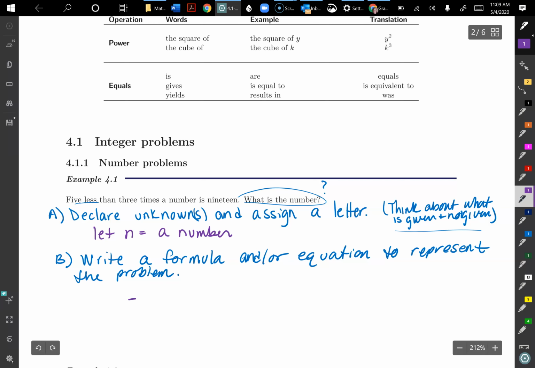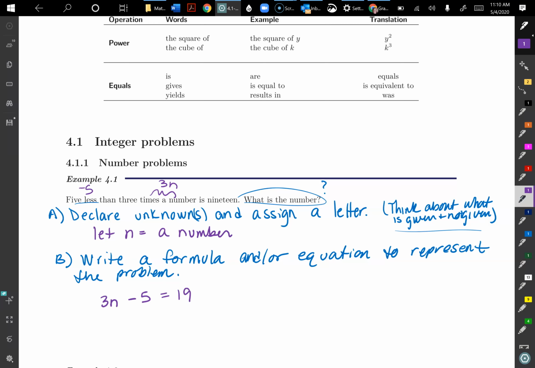So I would write 5 less would be -5. Then 3 times the number, that's going to be 3n, because that's a number. So 3n is what I'm taking 5 less from, equals 19. This is the tricky part.